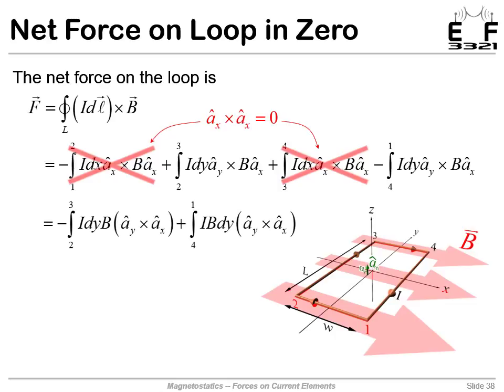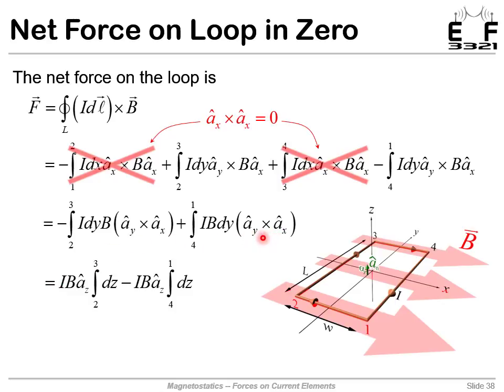So we can bring the B to the outside of the cross product, and now we just have an I dy B with an ay cross ax, and then another ay cross ax here. So if we stare at the picture to the right, we look at our right-hand rule for cross products, y cross x will be a negative az. So when we do that, the negative sign with this az cancels with this negative sign, and we end up with a positive.